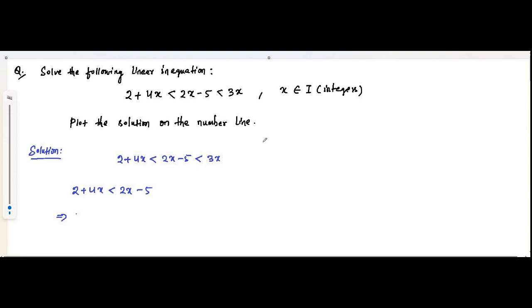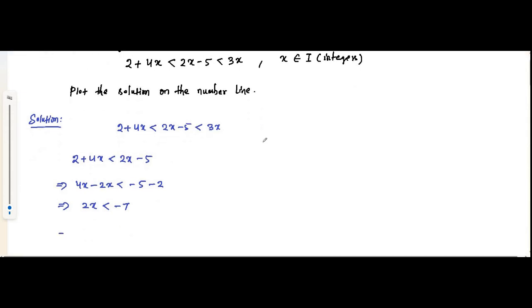So 4x minus 2x is lesser than minus 5 minus 2. That implies 2x is lesser than minus 7.